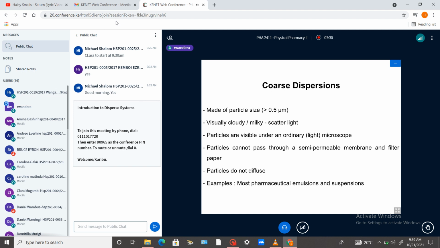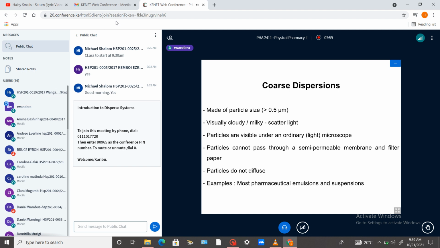Now, last but not least, coarse dispersions. These have a particle size of greater than 0.5 micrometers. They also scatter light due to their size range, and therefore they'll appear cloudy or milky in nature. Their particles are also visible under the ordinary light microscope.